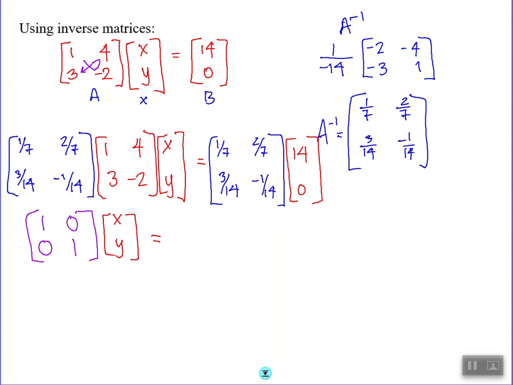Then we need to multiply on the right side of the equal sign. First row times the column. So we have 1/7 times 14 is 2, plus 0 is just 2. And then multiply the second row times the column. 3/14 times 14 is 3, plus -1/14 times 0 is 0, so that's just 3.